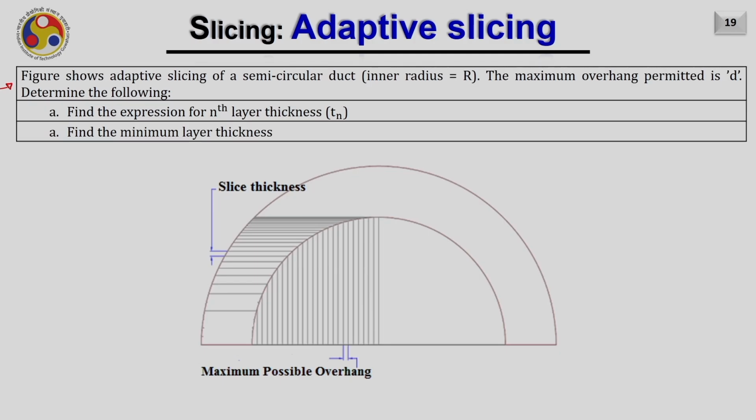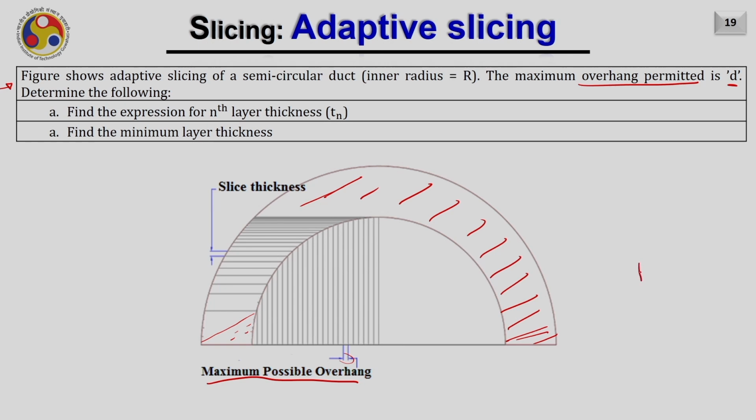Now let us consider an example of realizing the circular overhanging feature with adaptive slicing, and we shall try to find out the change in the layer thickness at a particular height. As it says, the figure shows adaptive slicing of a semicircular duct. So this is the region where material is in this region. The maximum overhang permitted by an additive manufacturing process is D, that is the maximum possible overhang.